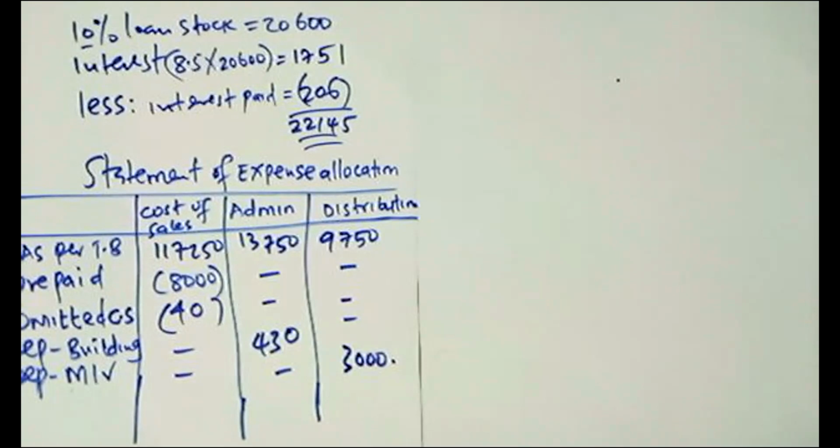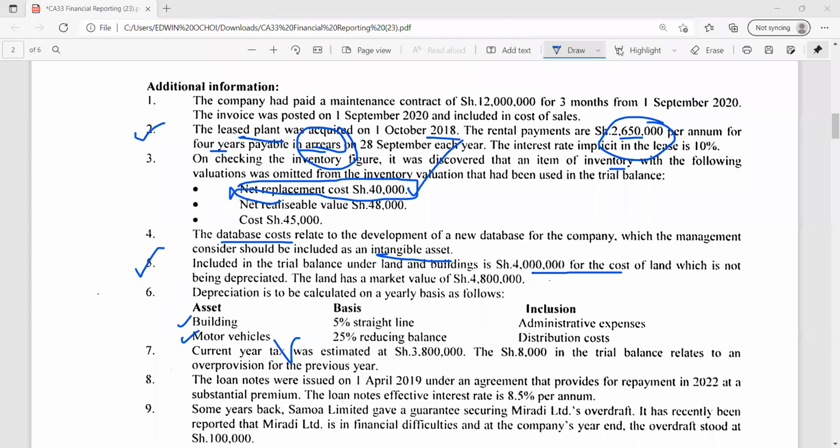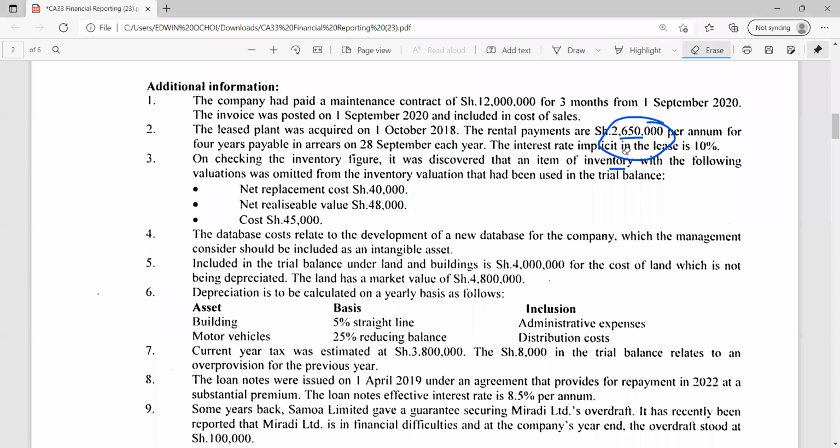Then there's one expense which we ignored under additional information number 2, under the risk plant. It has an economic life of 4 years.